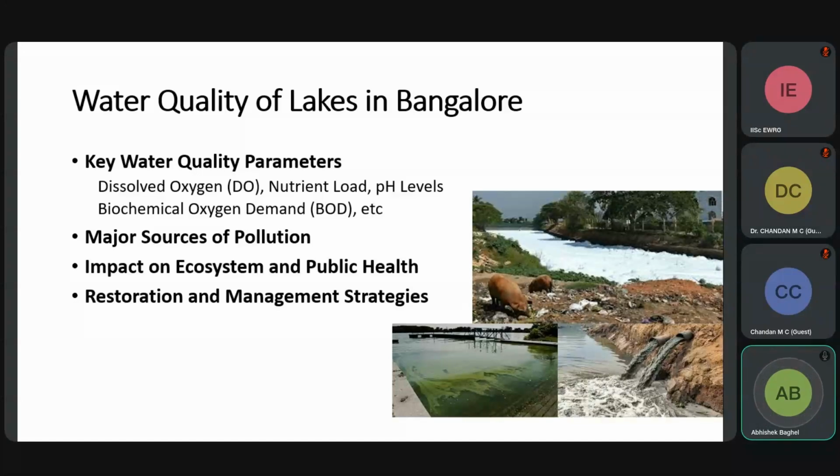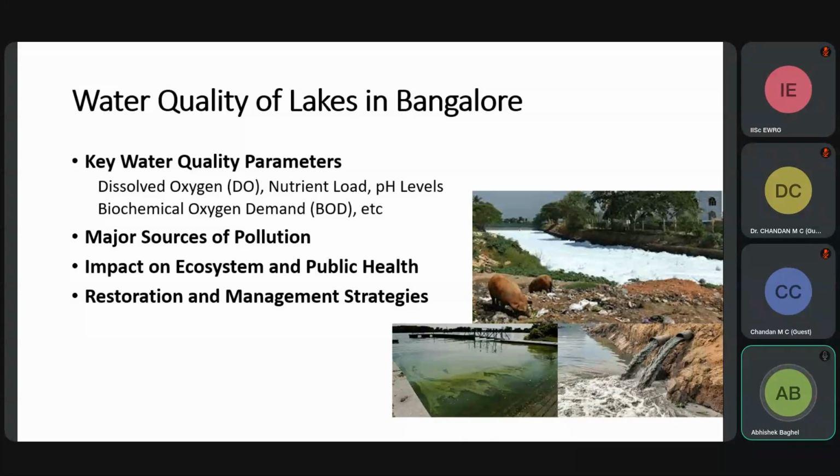The nutrient load, which comes from excess nitrogen and phosphorus, can lead to eutrophication and algal bloom, as you can see in the image. The pH levels range from slightly acidic to alkaline due to industrial and domestic waste. BOD, biochemical oxygen demand: high levels indicate organic pollution.